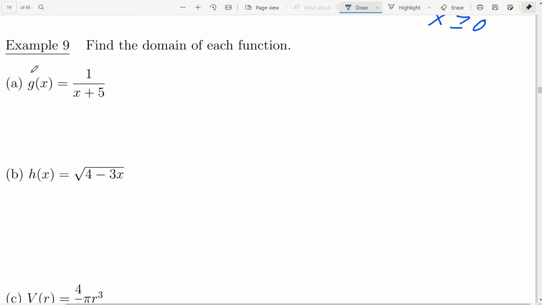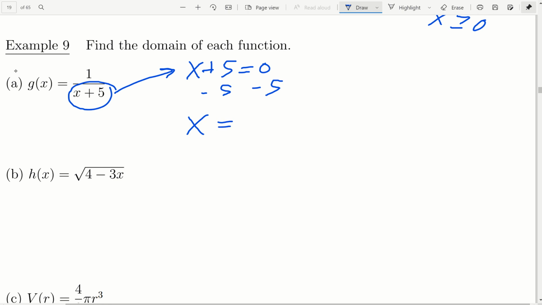In example 9, part A, we're asked to find the domain of g of x equals 1 divided by x plus 5. Here, we do have a denominator. To find the domain, let's set the denominator equal to 0 to see what values of x would give us division by 0. We can subtract 5 from both sides, and we get x equals -5.